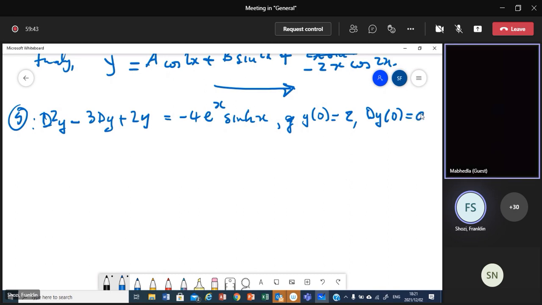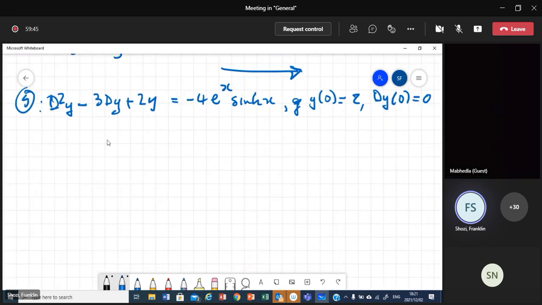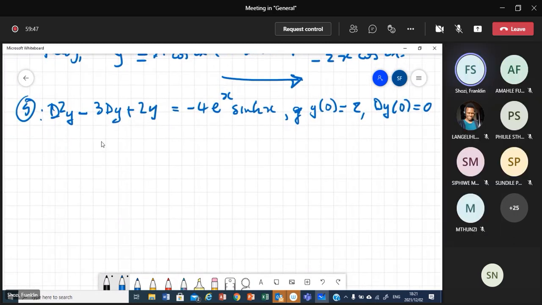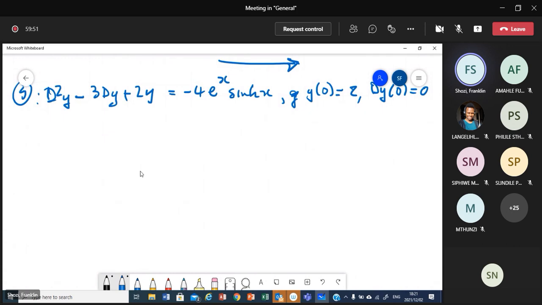Right. It appears as a long one. It's quite long, but it's doable. So note that. First of all, let us form the auxiliary equation.